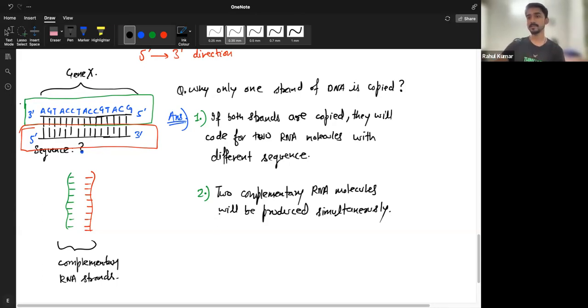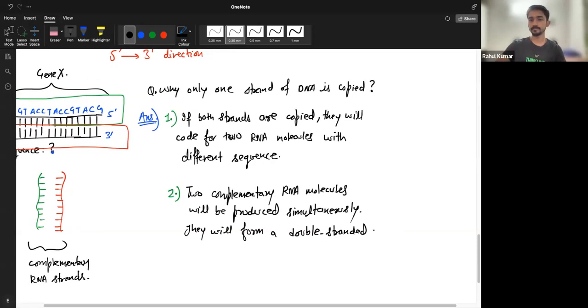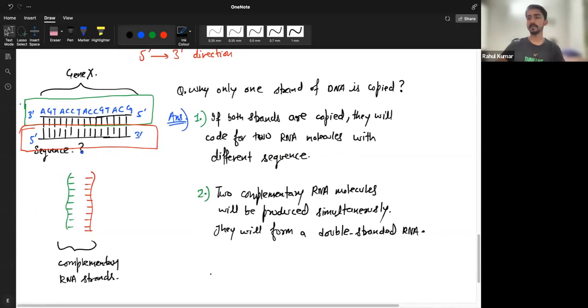And because they are complementary, they will form a double-stranded RNA. And you can write down a double-stranded RNA can't be translated into protein by the ribosomes.